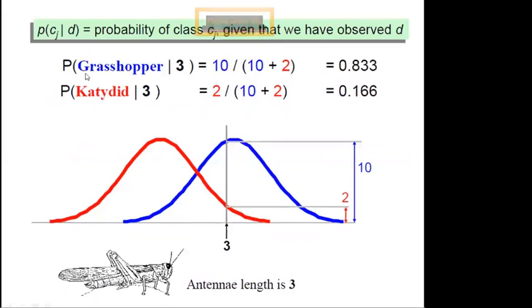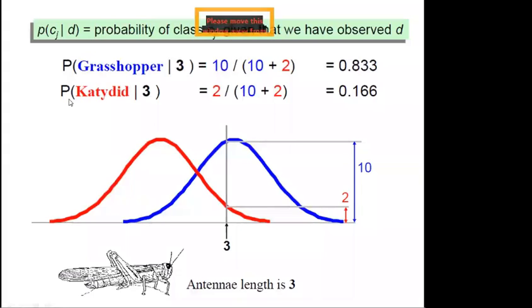So the probability of this new insect being a grasshopper is 10 divided by 10 plus 2, which is 0.833.